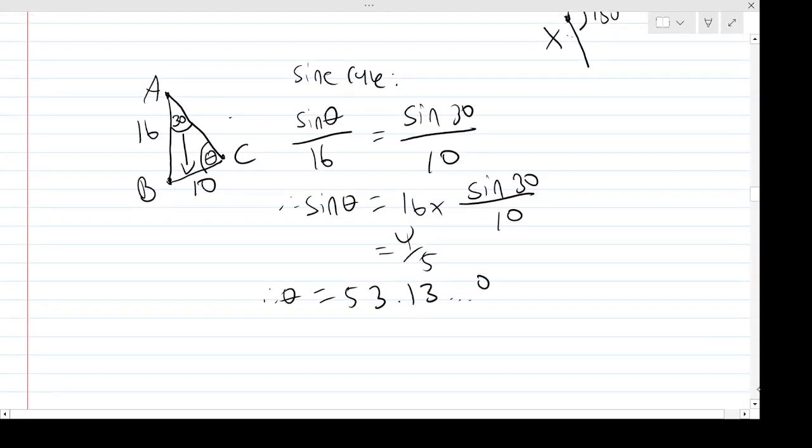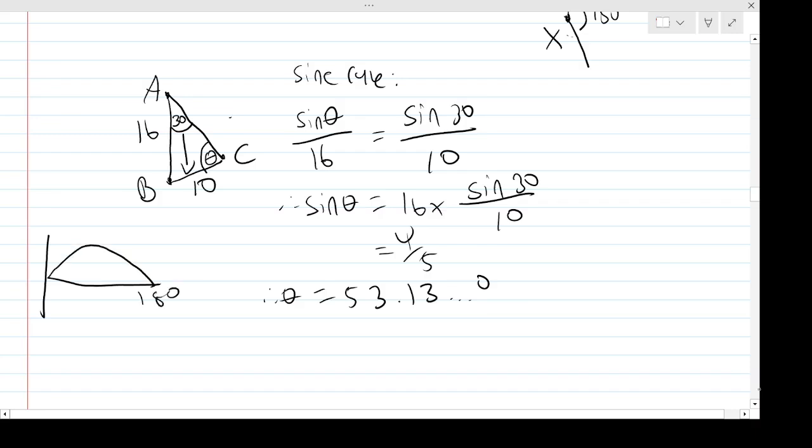But because it's sine, we need to consider the ambiguous case because there will be two solutions for theta here. So to help see that, if I consider the sine graph between 0 and 180, and I did a lot of work on this in the previous videos in this chapter if you're a bit stuck about this ambiguous case about finding the second solution.